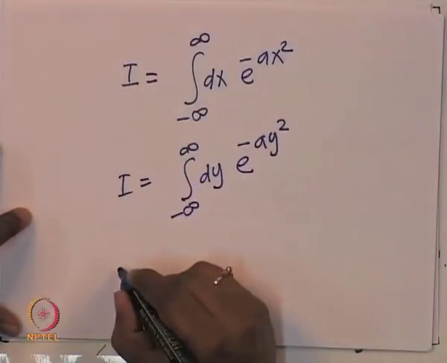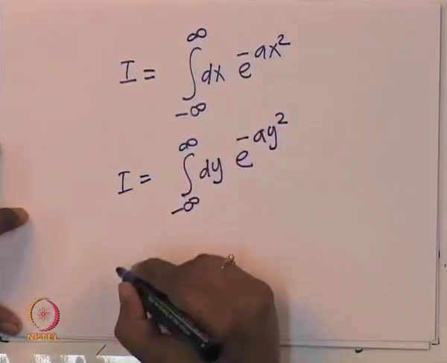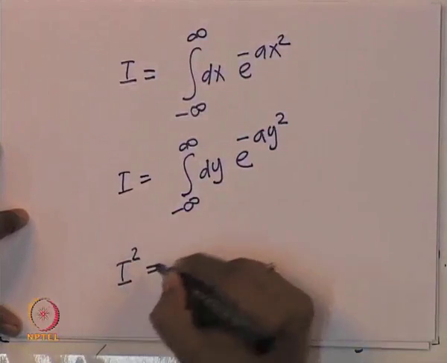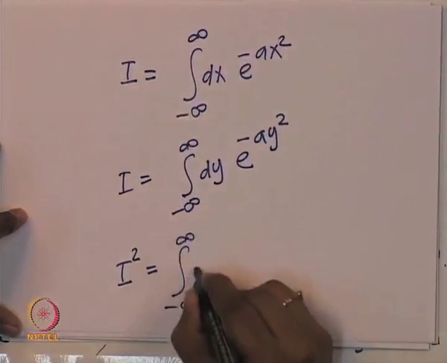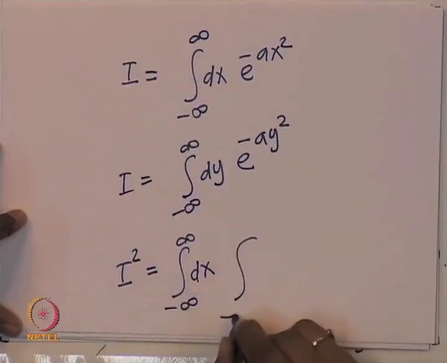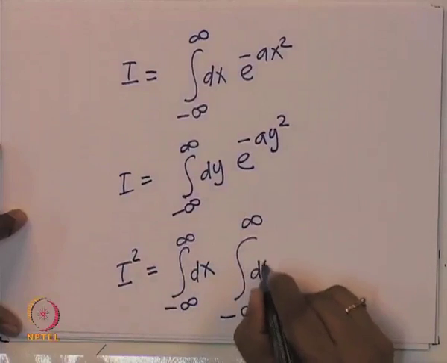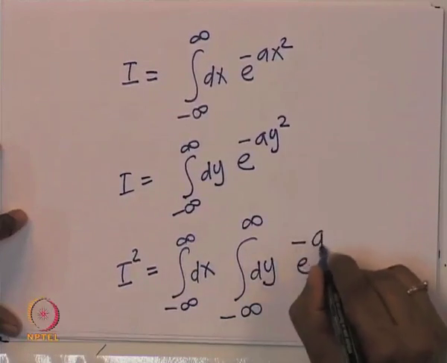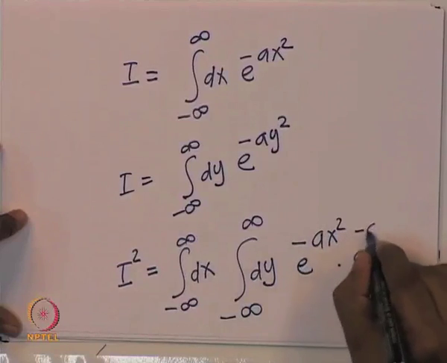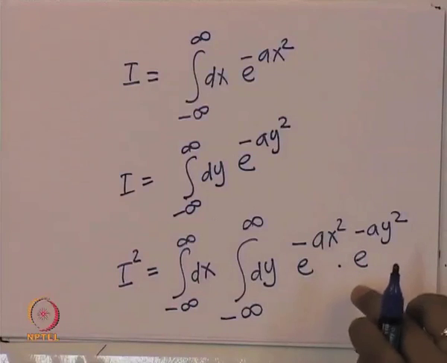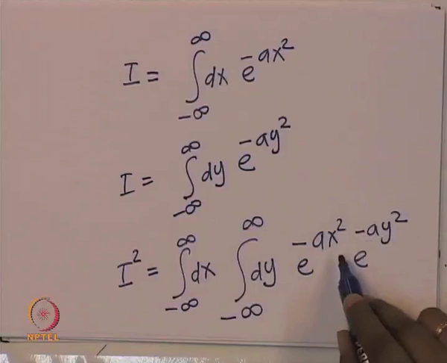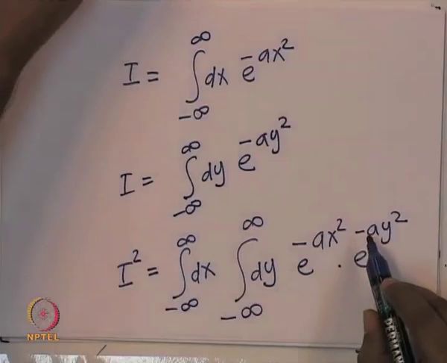So, now I multiply these two, so that I get I square as the product, which is basically integral from minus infinity to infinity dx, integral from minus infinity to infinity dy, e power minus a x square into e power minus a y square. There is some reason for me to write like this. So, I can write this as e power minus a into x square plus y square.